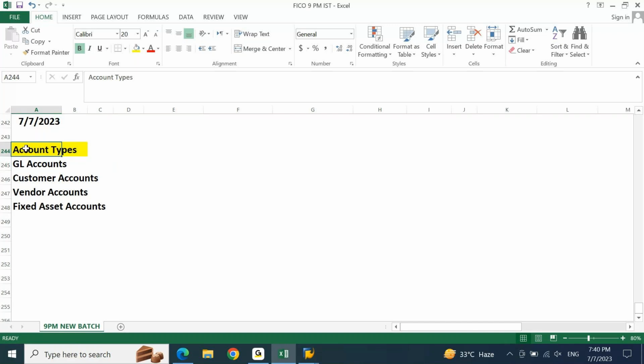Now these accounts are used for writing your journal entries. Whenever you write journal entries, in your journal entry you are going to have two attributes. One is debit, the other one is credit. Correct? When you talk about any journal entry, you have to mention whether you are debiting the account or you are crediting the account.